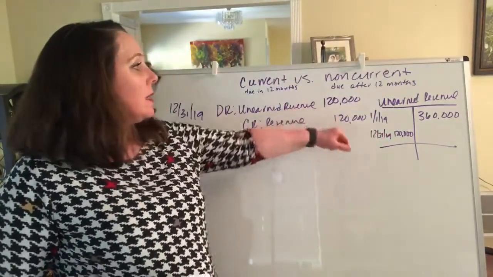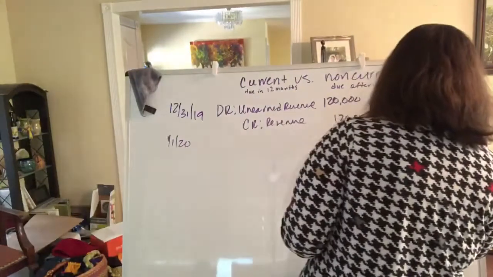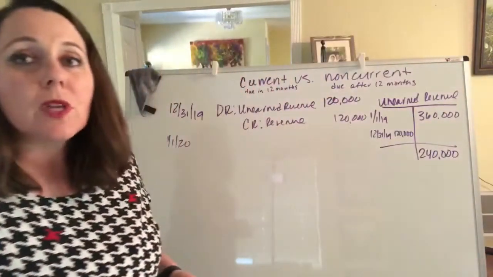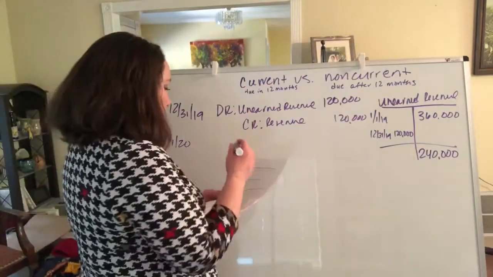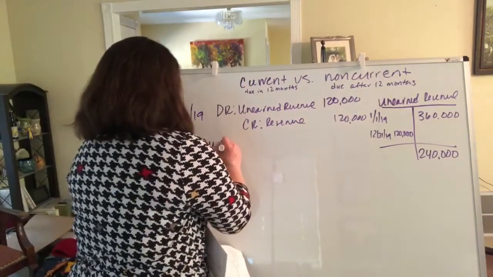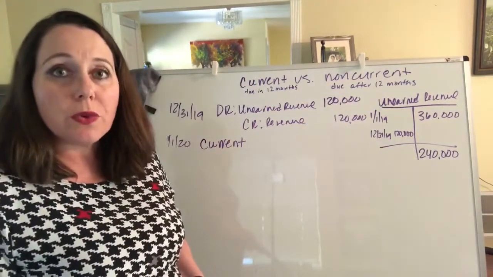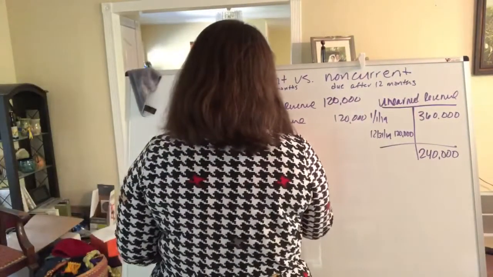So we debited the account $120,000, so there's $240,000 left in the account. All right, our current is everything we're going to earn within the next 12 months. And remember, we said 1 year's worth of revenue is $120,000, so that doesn't change.